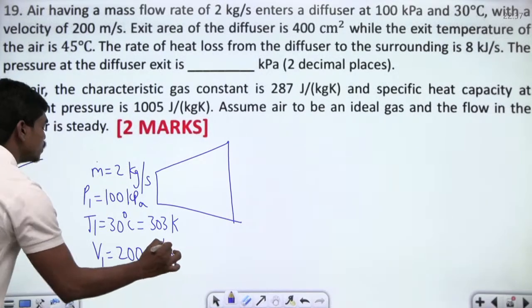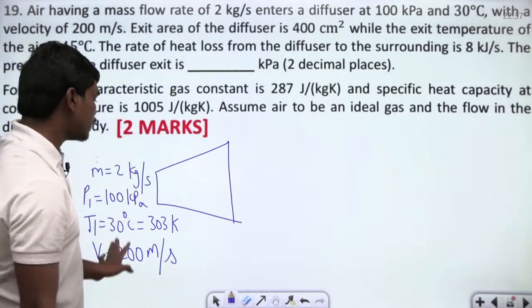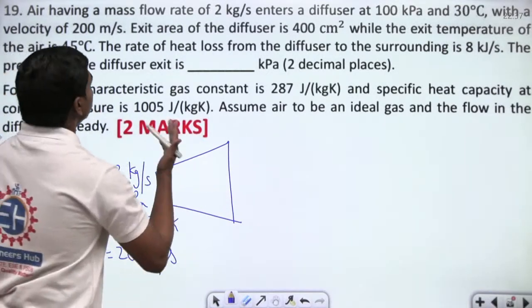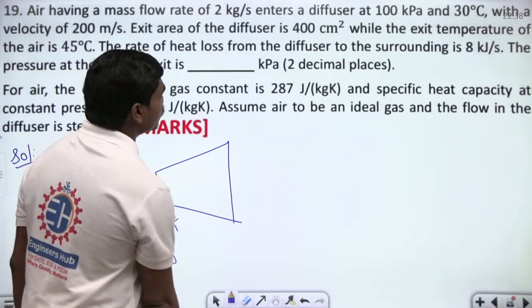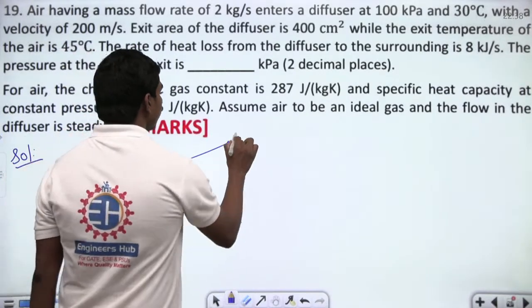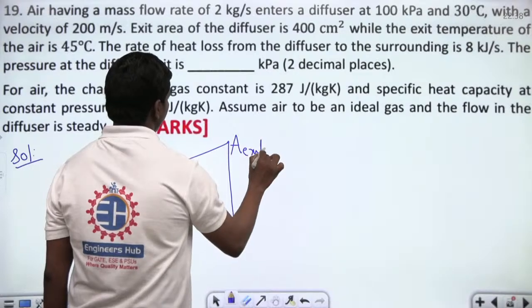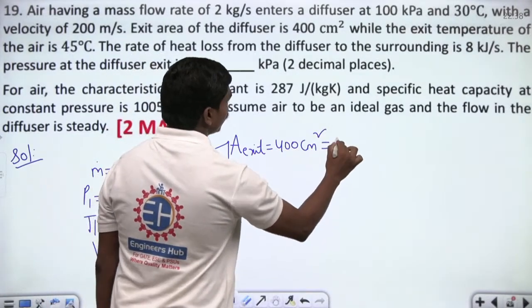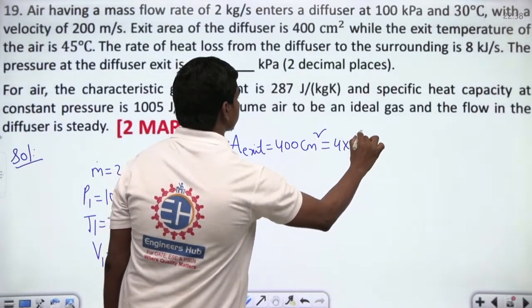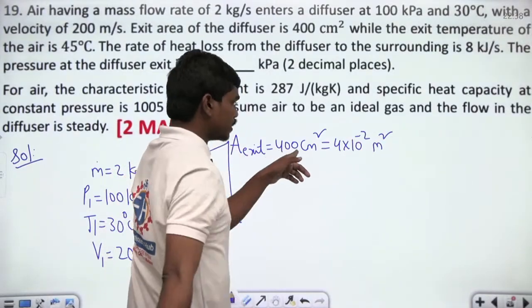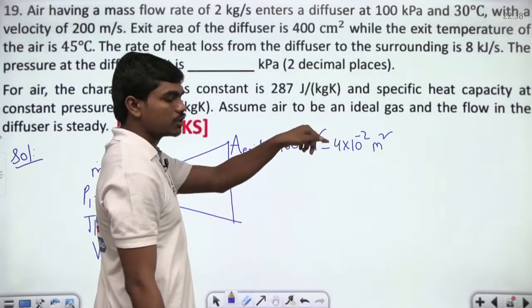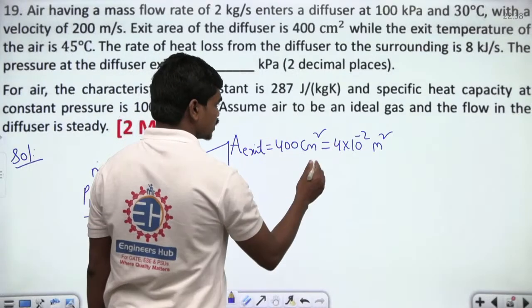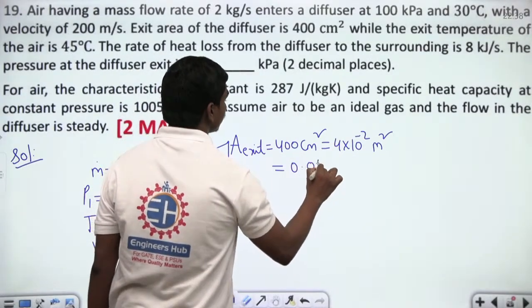And in diffusers, generally these velocities are very much less when compared to these velocities. Anyhow, let's go through. The exit area of the diffuser is 400 centimeter square. So A exit is equal to 400 centimeter square, which is 4 into 10 power minus 2 meter square, because 100 and 10 power minus 4 gets cancelled, so this is 0.04 meter square.